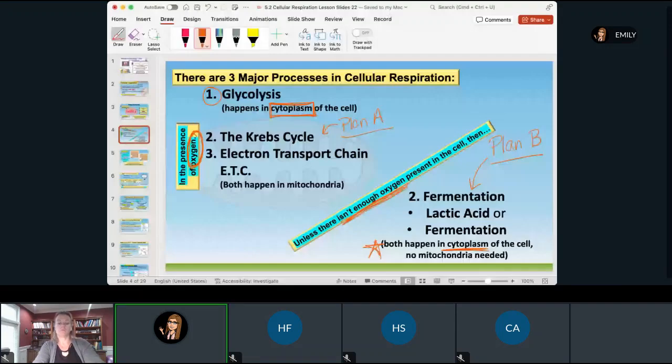Okay, so that burn that you're feeling is lactic acid. It's a buildup of lactic acid. And that's because your body isn't getting enough oxygen to go through plan A. So it's going through plan B and it's producing lactic acid, which is the burn that you feel when you are working out.